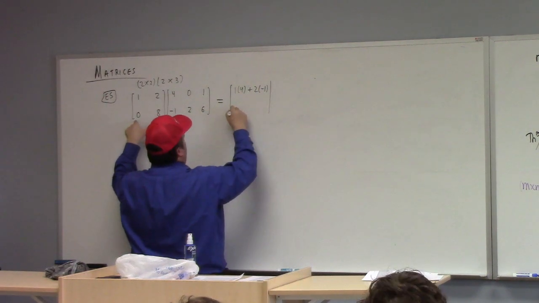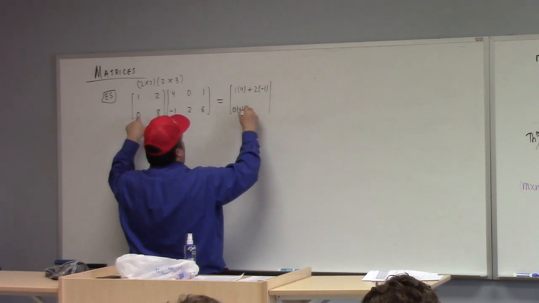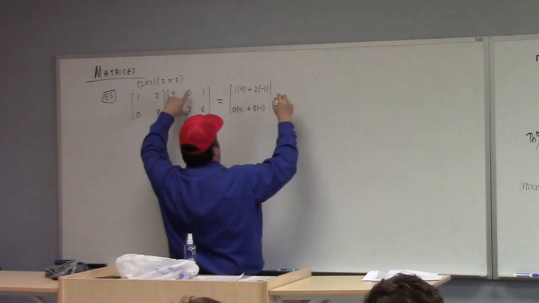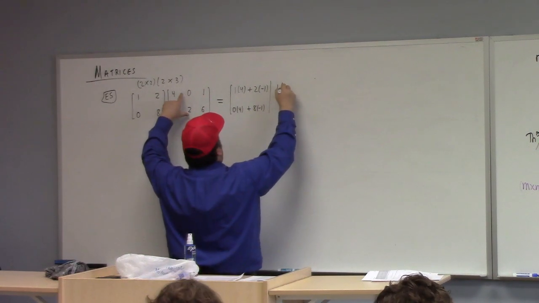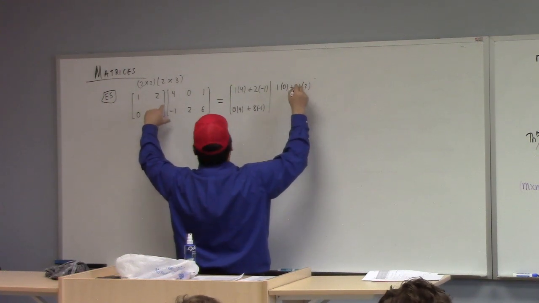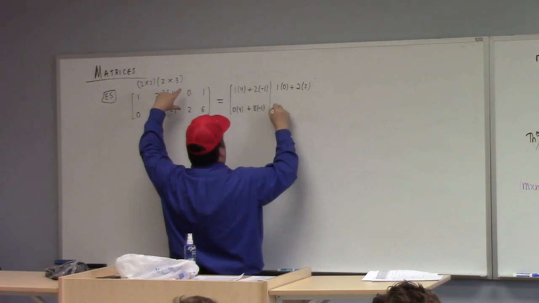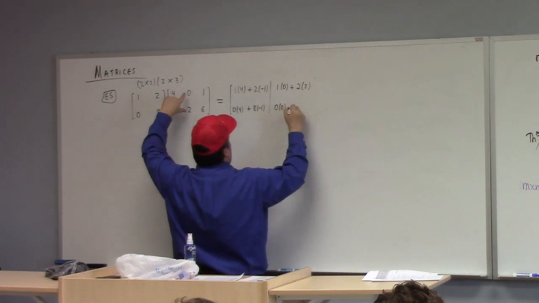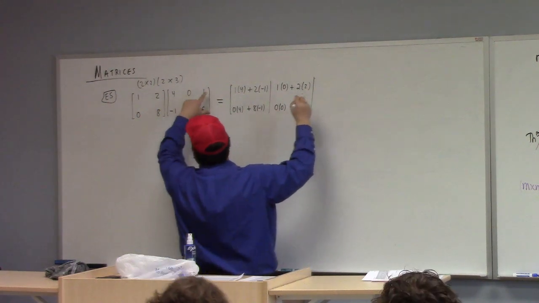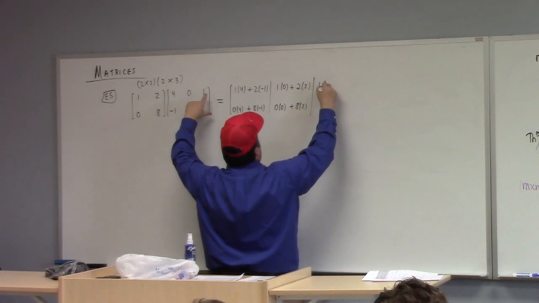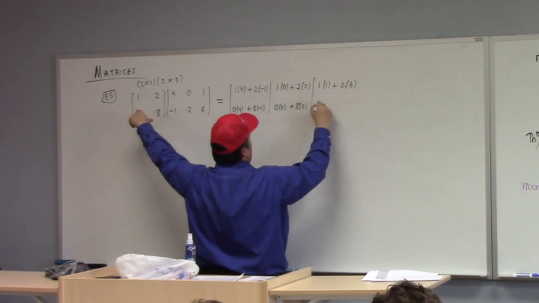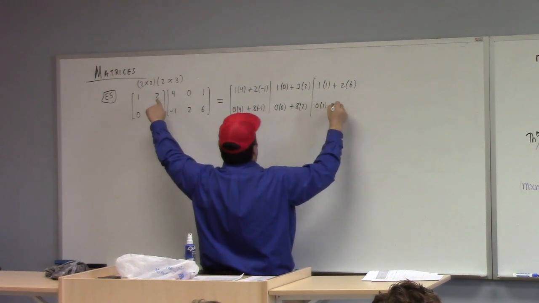And then we have 0 times 4 plus 8 times -1. Those are the dot products there. Then next up, we do 1 times 0 plus 2 times 2. And then 0 times 0 plus 8 times 2. Finally, 1 times 1 plus 2 times 6, and 0 times 1 plus 8 times 6.